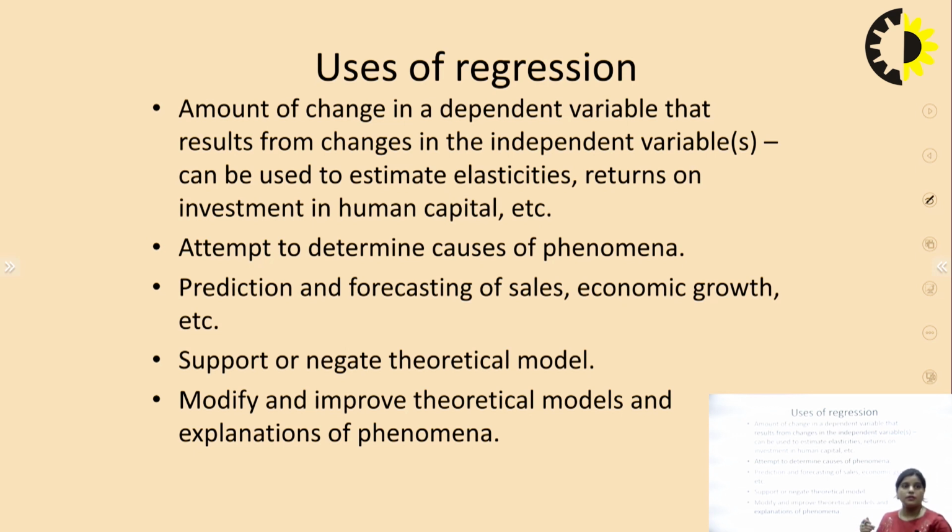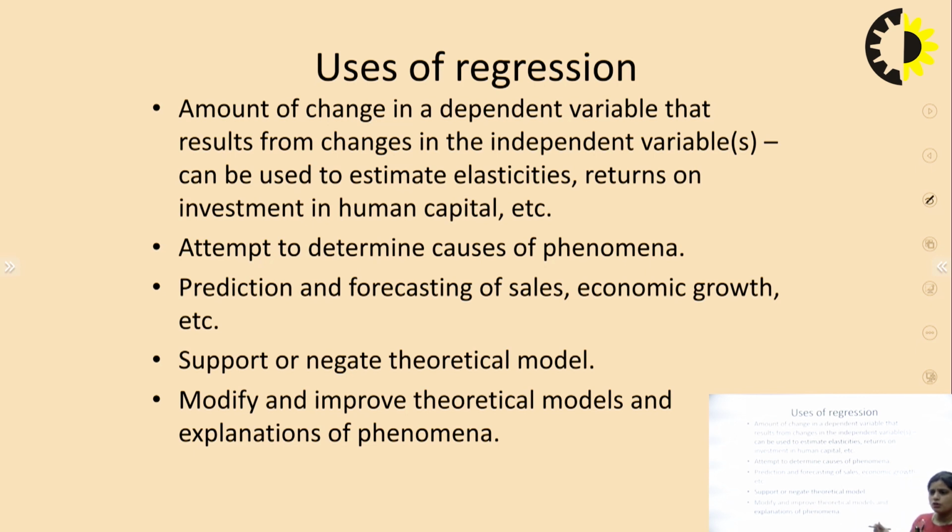Now, the attempt to determine the causes of the phenomena. If there is a certain phenomenon, then the causes of that phenomenon can be easily identified by using the regression model. And basically the regression model we are going to use for prediction purposes. So prediction and forecasting of sales, economic growth, just like we are going to predict the rainfall, the weather forecast, or the result of next year.